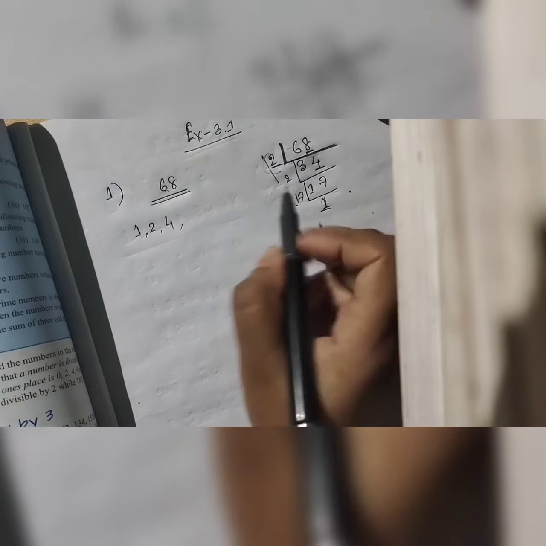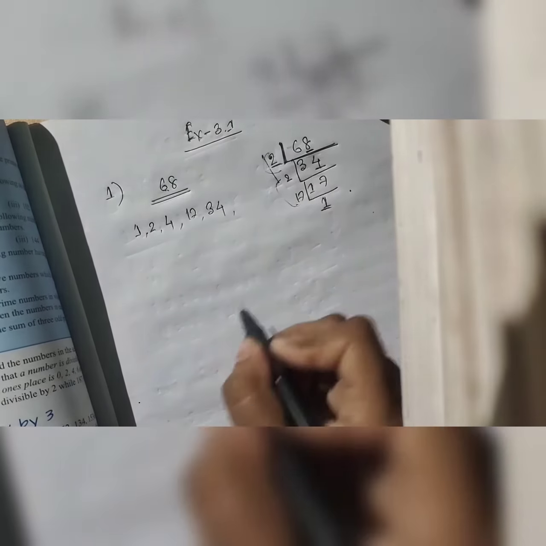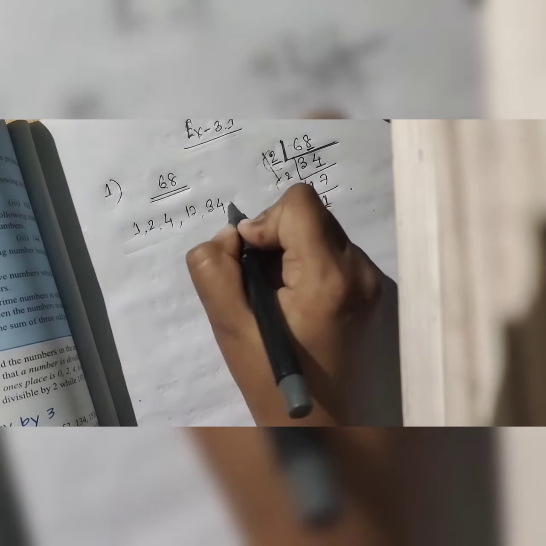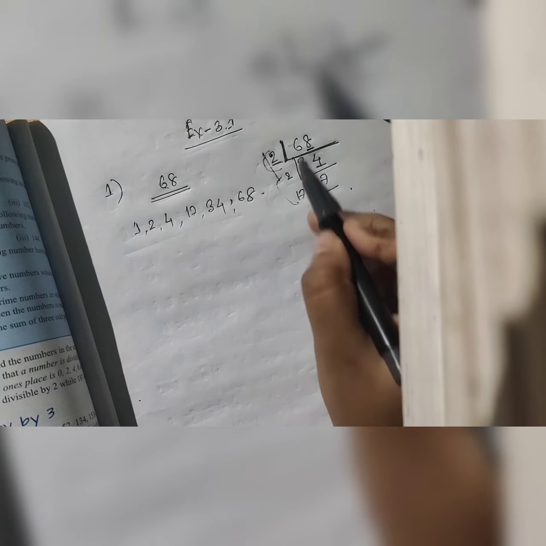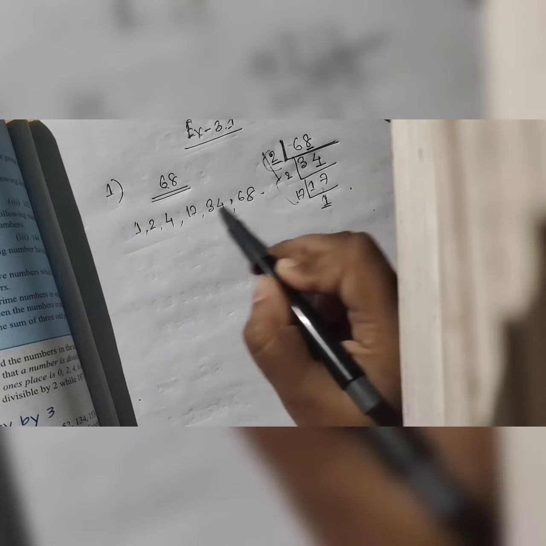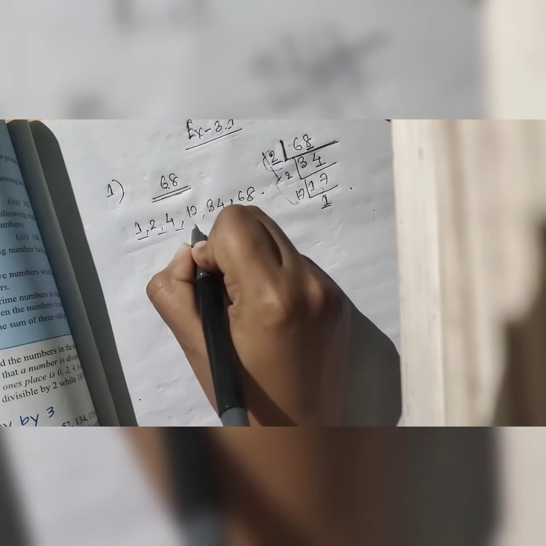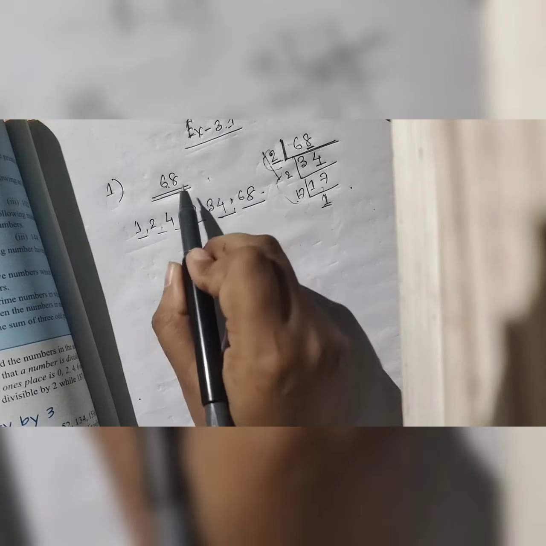Then 17, then 17 2s are 34, and 34 2s are 68. We can conclude that these are also factors of that number. So 1, 2, 4, 17, 34 and 68 are the factors of 68.